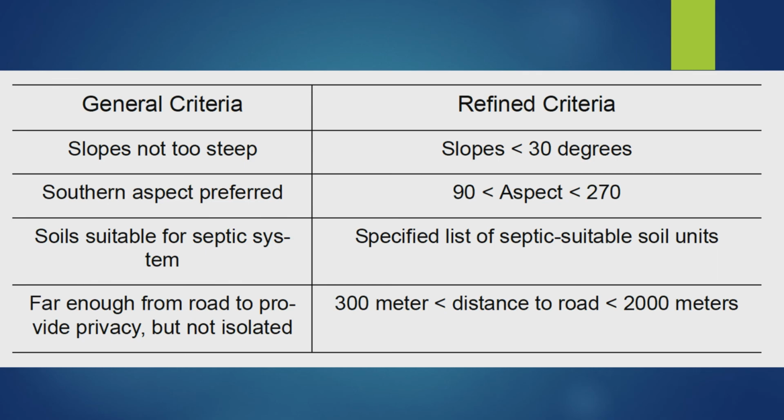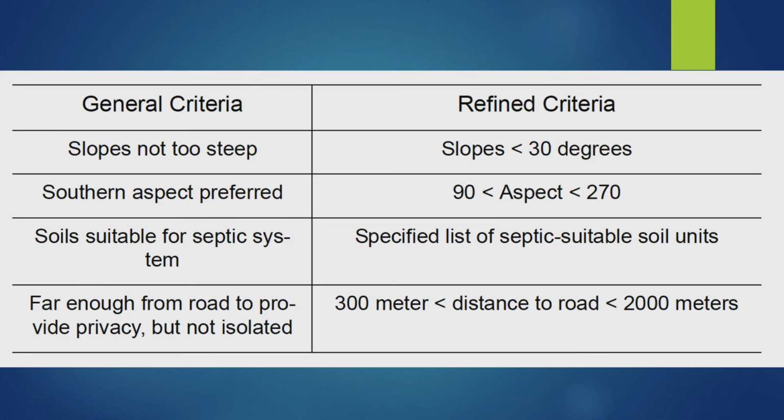If I wanted to, I could take this general criteria and come up with a refined criteria that didn't have a cutoff like that. It may have had 3 or 4 different categories. Slopes that are less than 10 are great. Slopes that are less than 20 are okay. Slopes that are less than 30 are acceptable. Slopes greater than 30 are unacceptable. Then I could do the same thing with all of these.